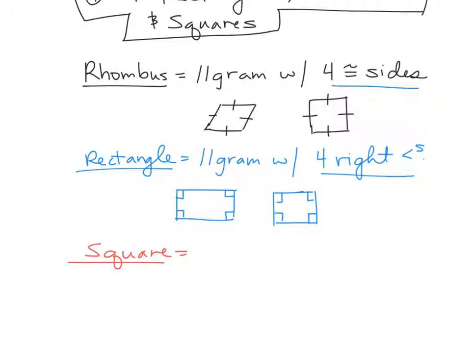So based on the 2 definitions I gave you there and what I told you earlier, that rectangles and rhombuses put together make a square, any idea what the definition of a square might be? Right, it is a parallelogram with 4 congruent sides and 4 right angles.